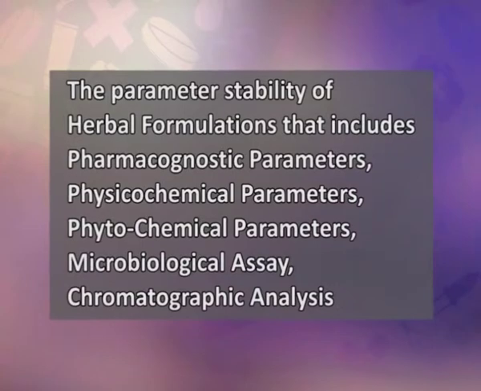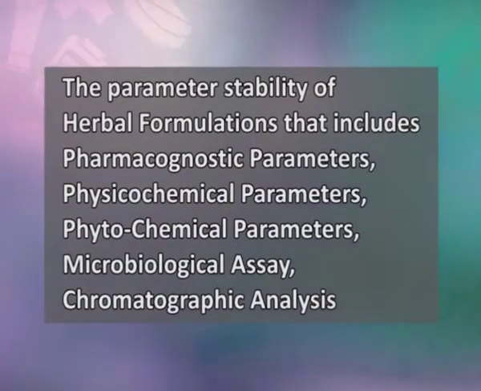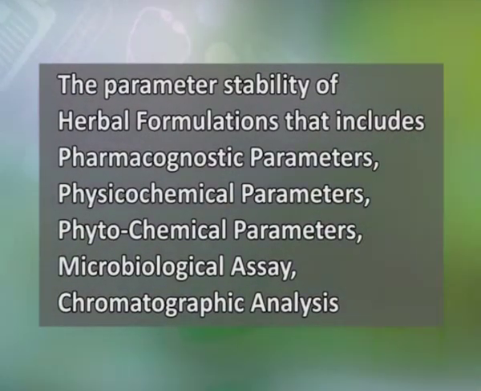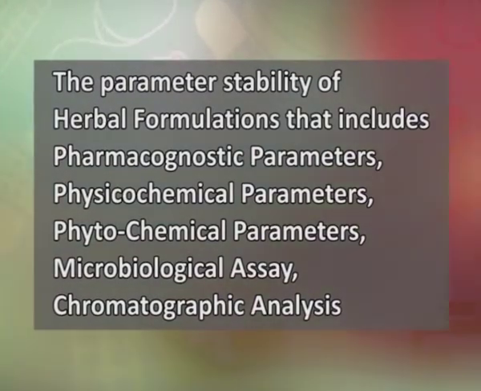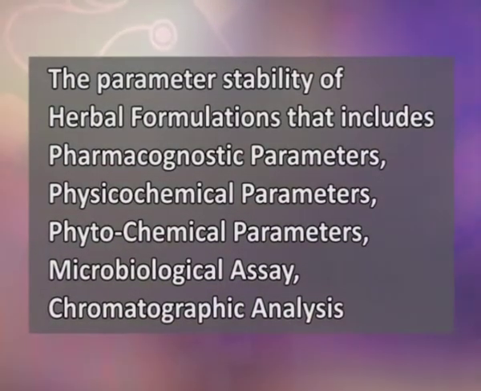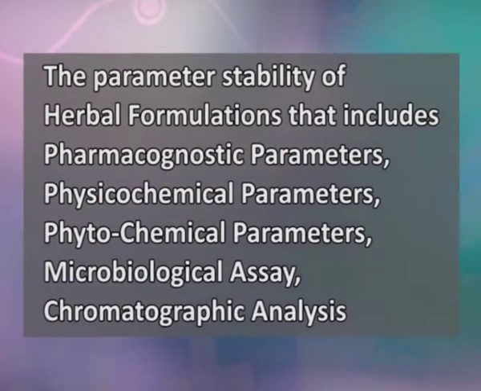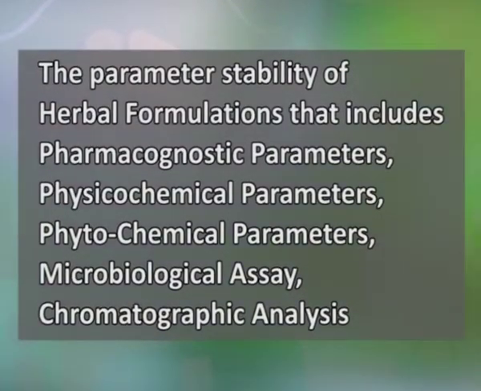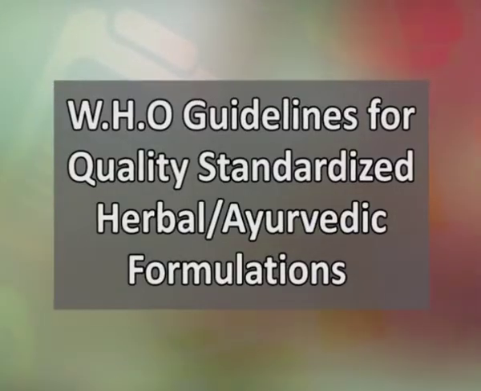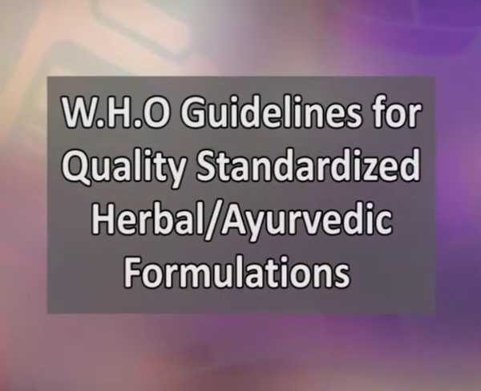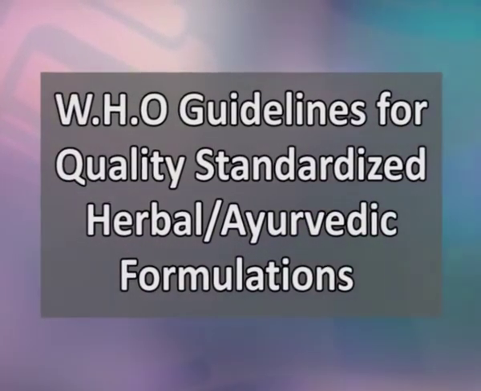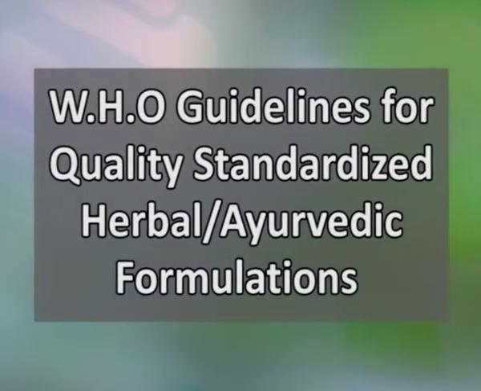The parameters for stability of herbal formulation include pharmacognostic parameters, physicochemical parameters, phytochemical parameters, microbiological assay and chromatographic analysis. WHO, the World Health Organization, guidelines for quality standardized herbal or Ayurvedic formulations: First is quality control of crude drugs, material, plant preparations and finished products.